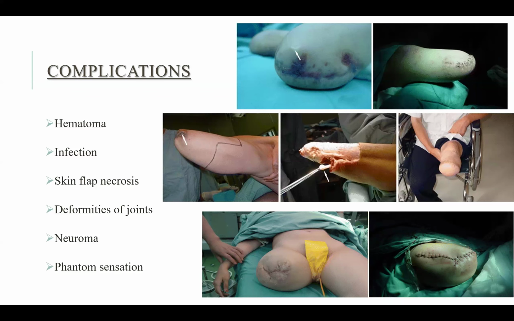You should take a good thickness of skin. And then avoid multiple layers in the closure. After you finish your muscular closure, avoid two to three layers of subcutaneous and skin closure.